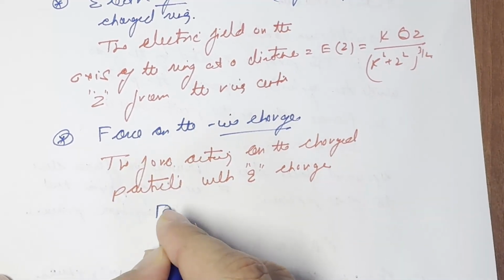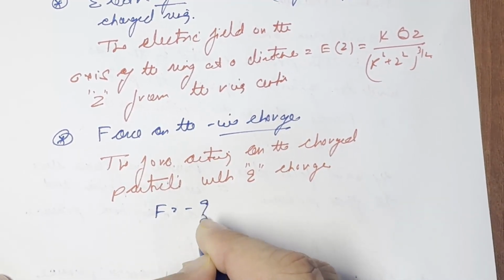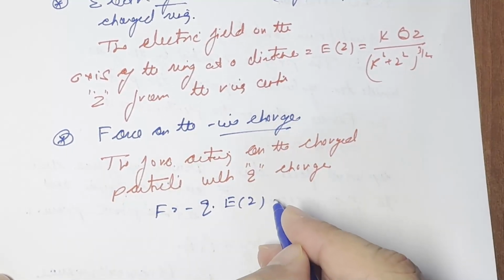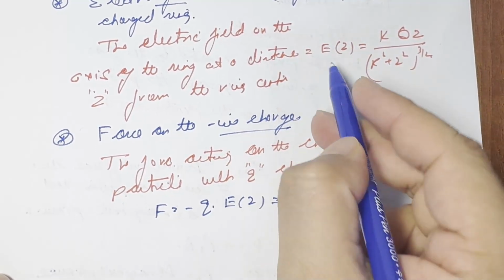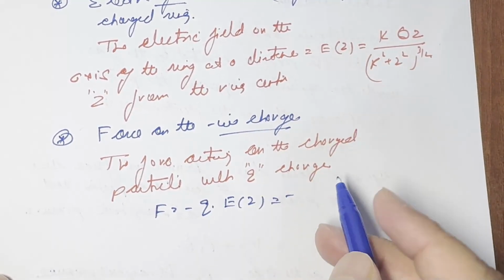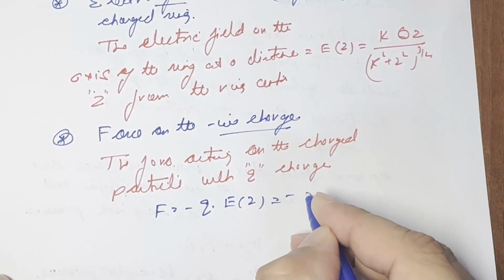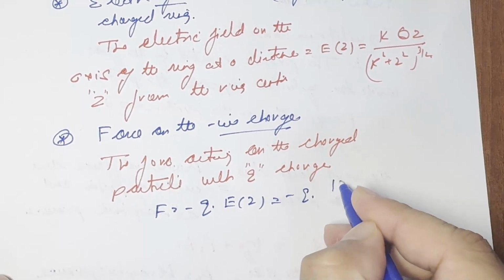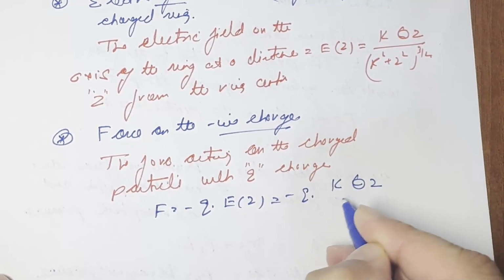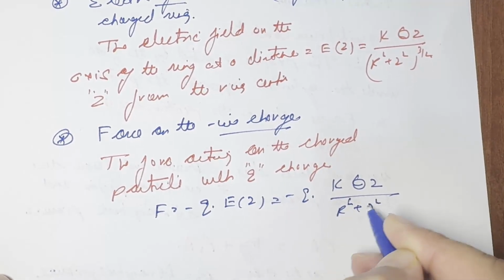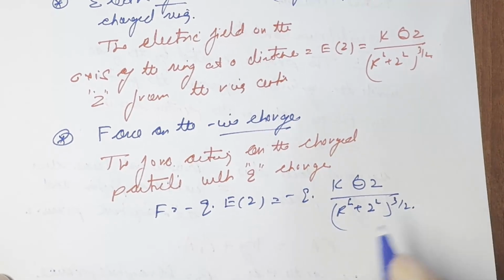We can write F will be equal to minus q multiplied by the electric field at point z. We know the value of E_z. Therefore, F equals minus q, then k Q z divided by (R^2 + z^2) to the power 3/2.